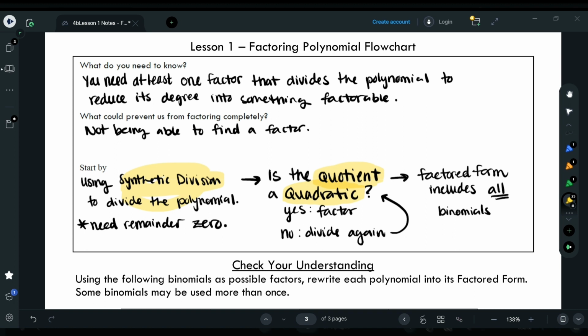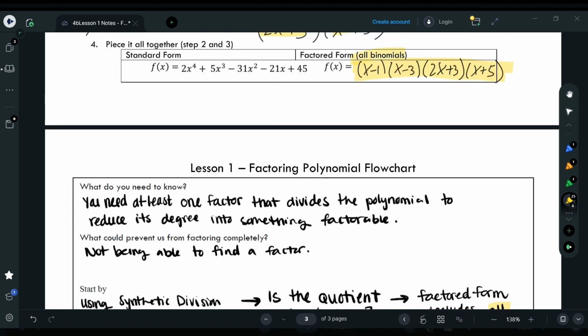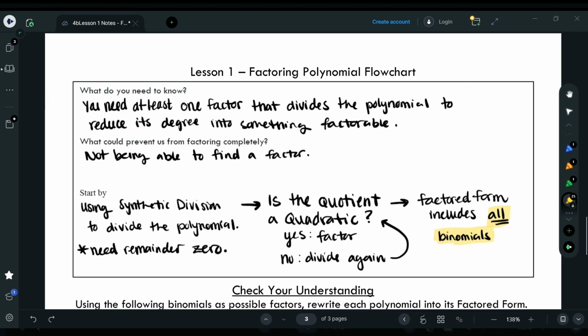And then once you have a quadratic, you can factor the quadratic. And once you have your polynomial in final factored form, it's going to be all binomials. Just like this one up here, they're all binomials. That's what it's always going to look like, all binomials.